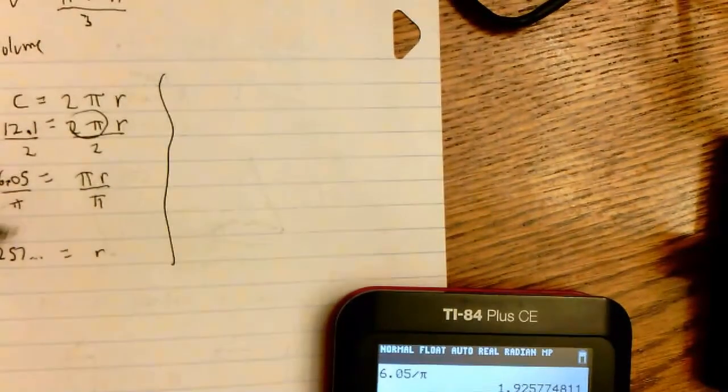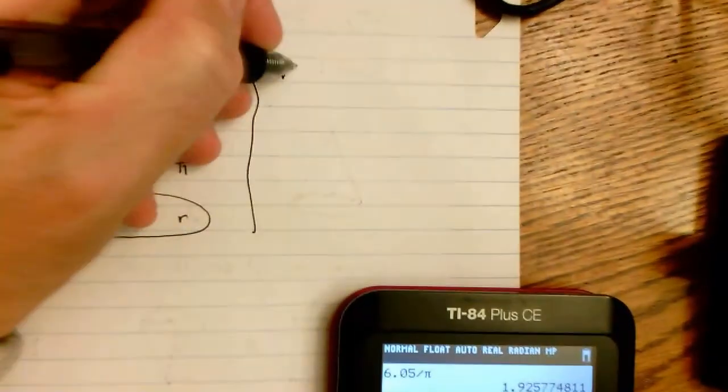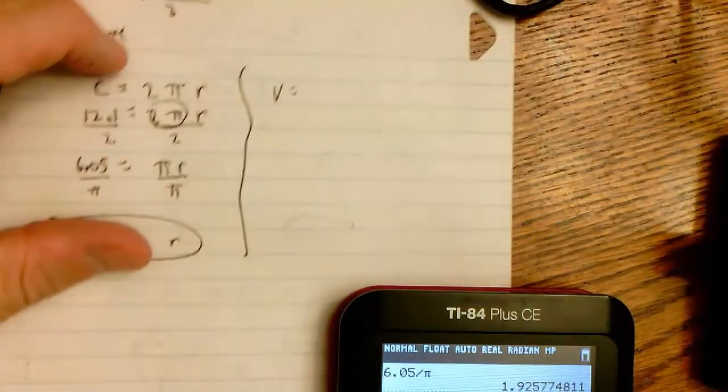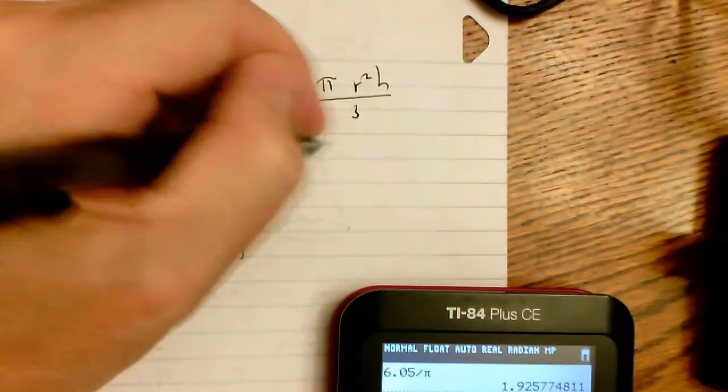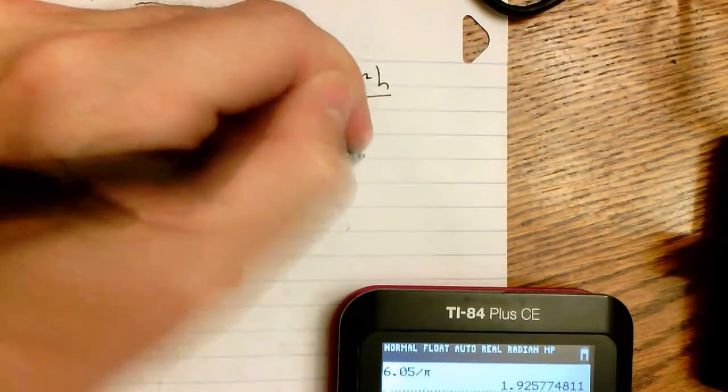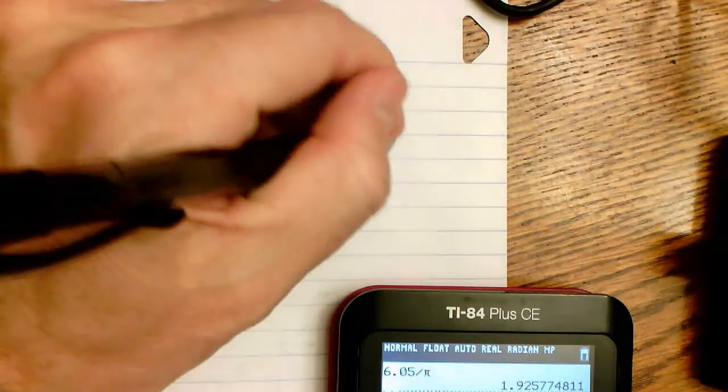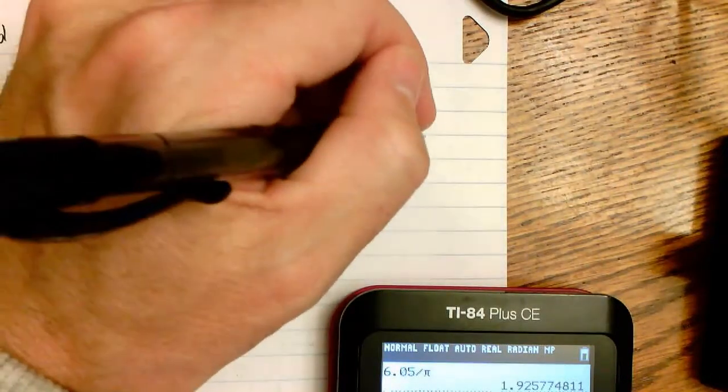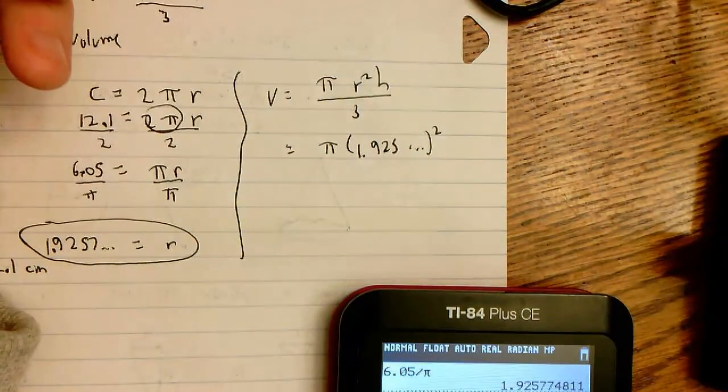So now that I have the radius here, I can go here and get the volume. The volume is equal to pi r squared h all over 3, or pi times 1.925 and some more numbers there, squared.